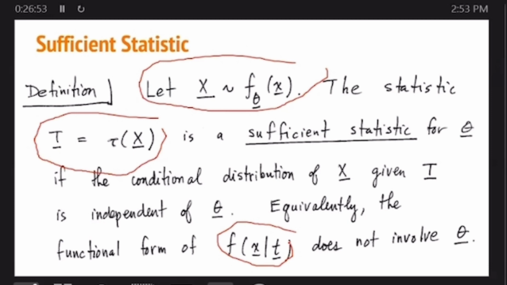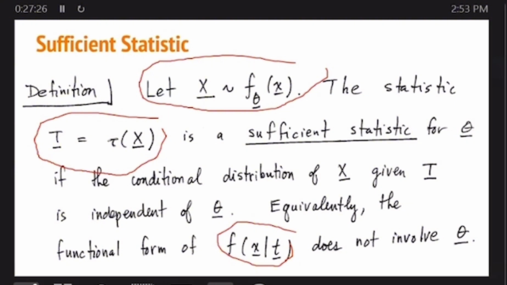This function is a conditional function, which means I have a sufficient statistic T, and I want to derive the conditional distribution of the raw measurement given the compressed value, in the name of sufficient statistic. If I can prove that that conditional distribution is independent of theta, then I'm going to conclude that T is sufficient. Does that make sense?